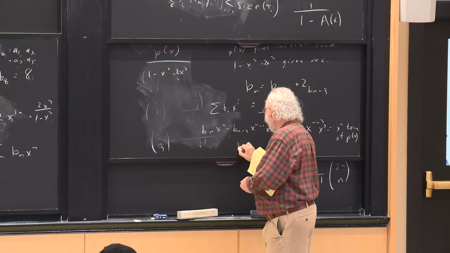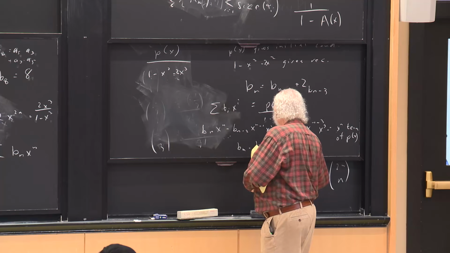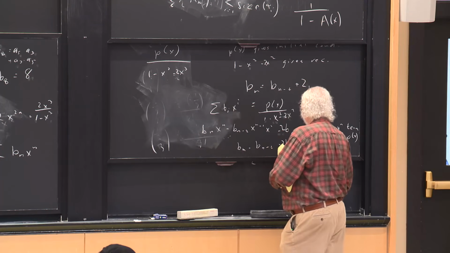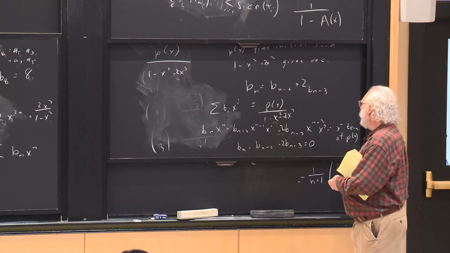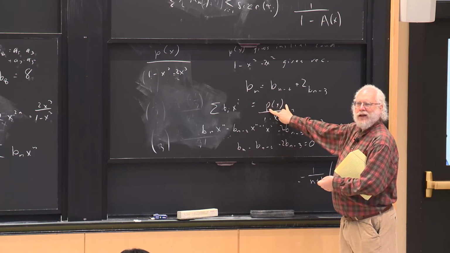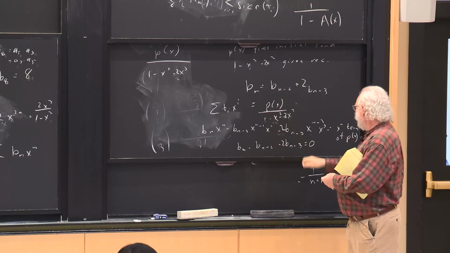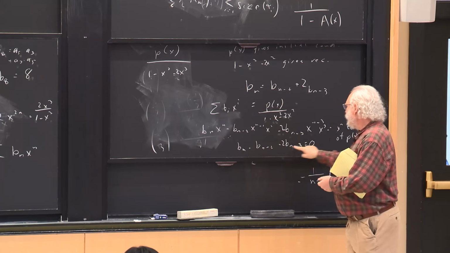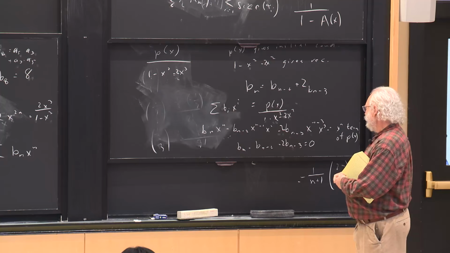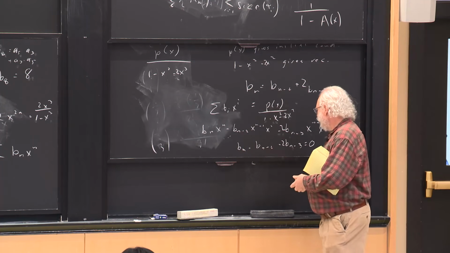So this says that b n minus 2 minus 2 b n minus 3 equals 0 unless there's an x to the n term in p of x, and p of x is a polynomial with only a finite number of terms. So after this finite number of terms, you have this recurrence.